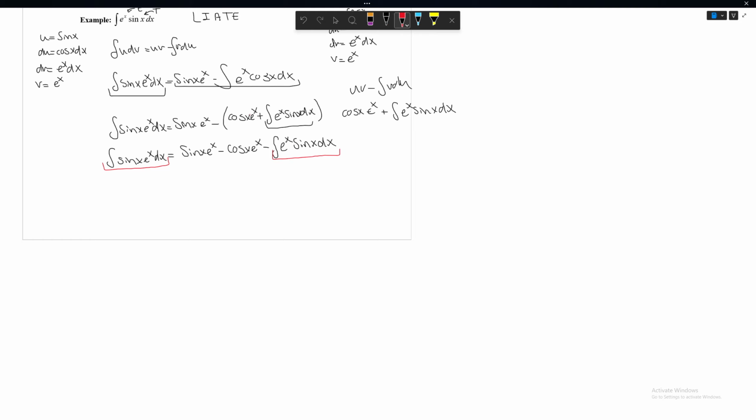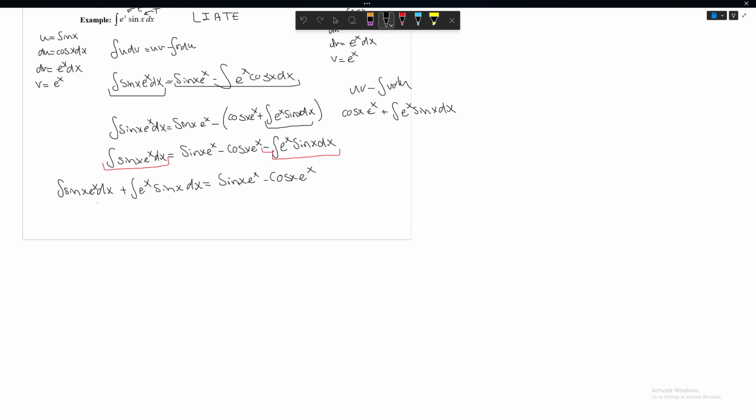So what if I take this to the other side, and this is negative, right? If I take it to the other side, I'll get the integral of sine x e to the x dx plus the integral of e to the x sine x dx, as this goes to the other side and becomes positive, equals sine x e to the x minus cos x e to the x.